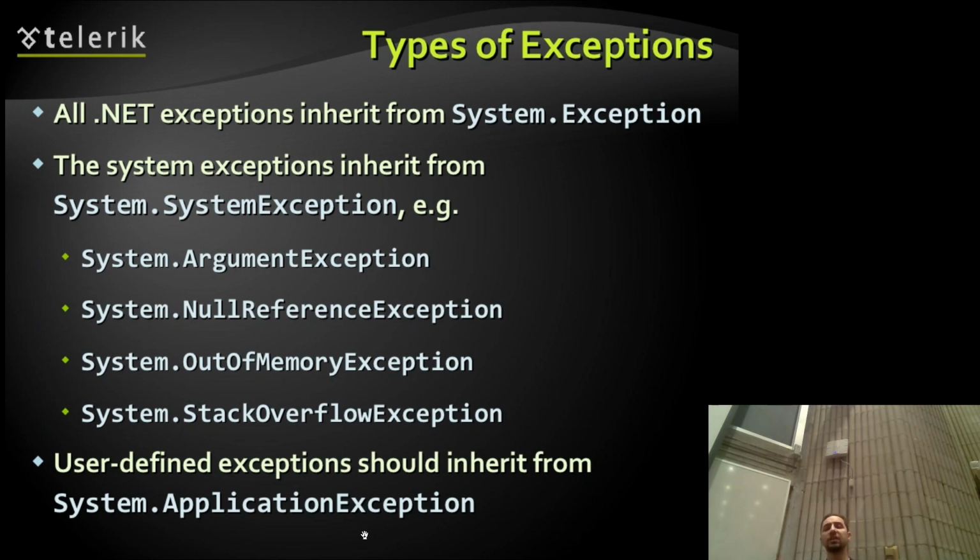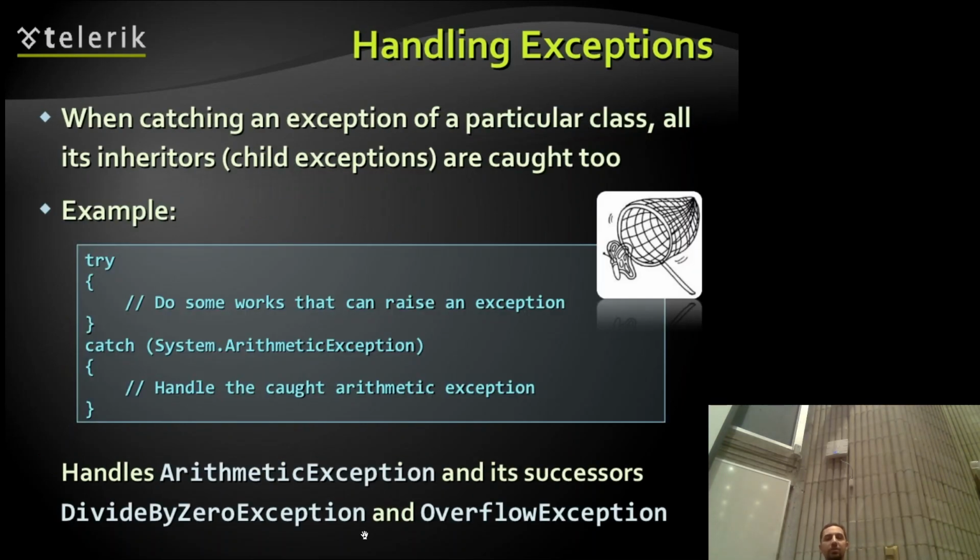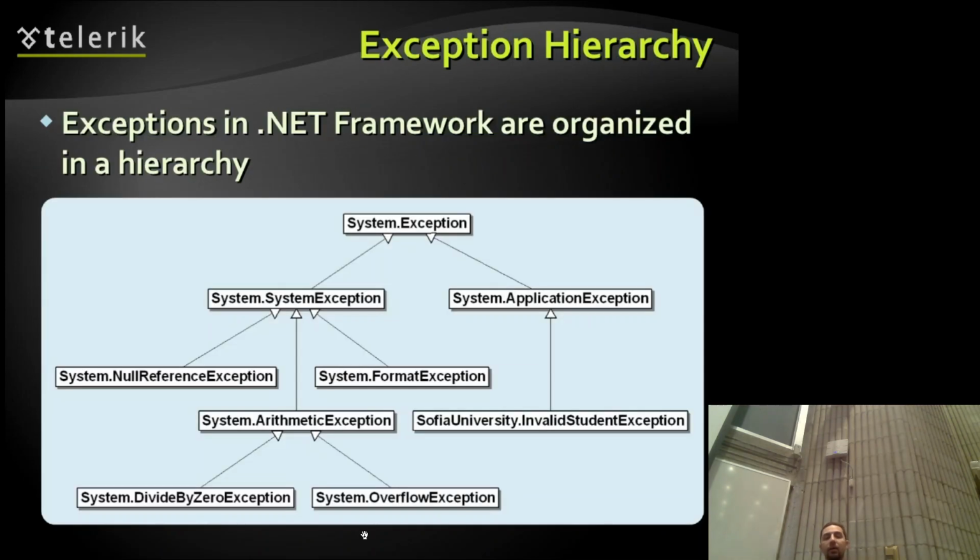So everything inherits from exception. So if you want to catch something, but you don't know what it is, you can catch an exception. And user-defined things would go under application exception. Yes, this is what I just said. Arithmetic exception, if you go back and look at it, will catch both divide by zero exceptions and overflow exceptions.